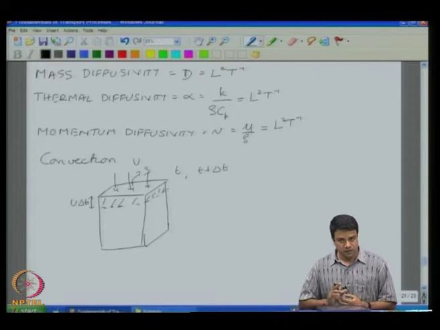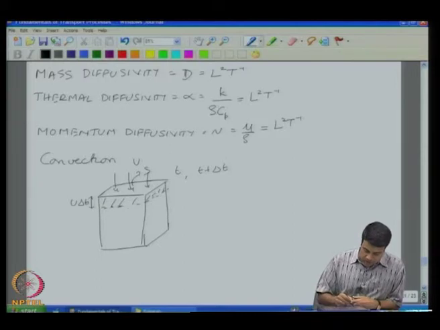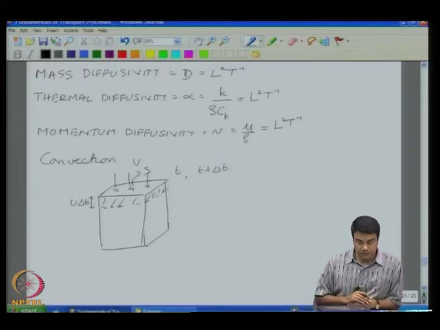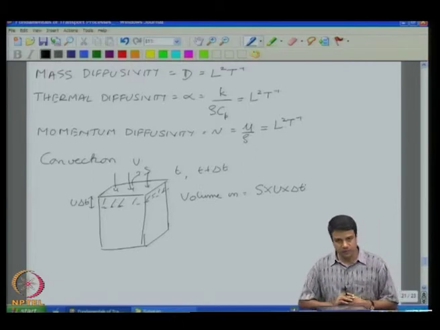So, that means that the amount of material that has come in is equal to this volume that has come in times the concentration of that volume. The volume that has come in is equal to the surface area times this distance u delta t.